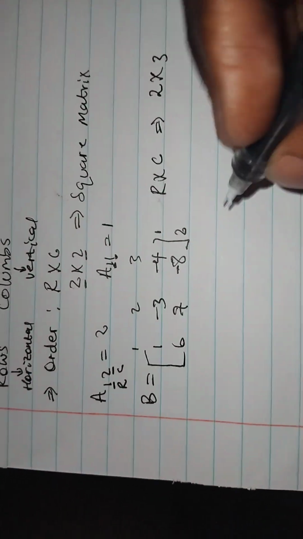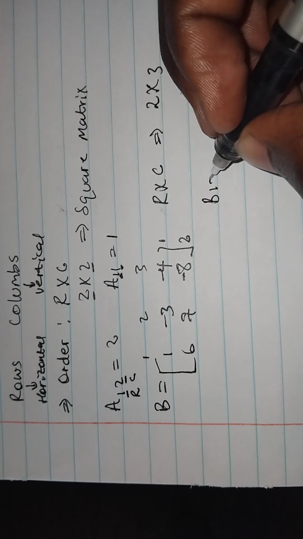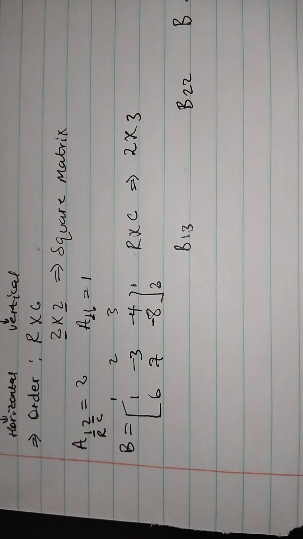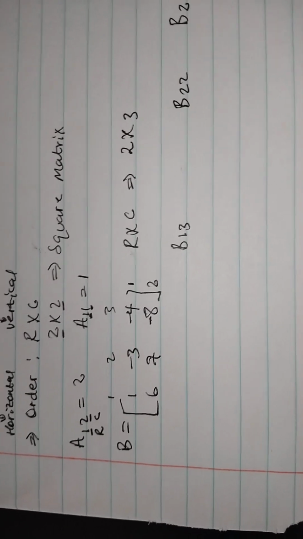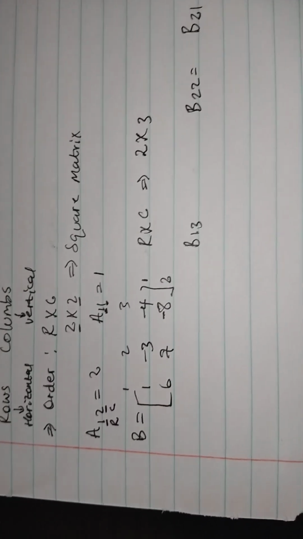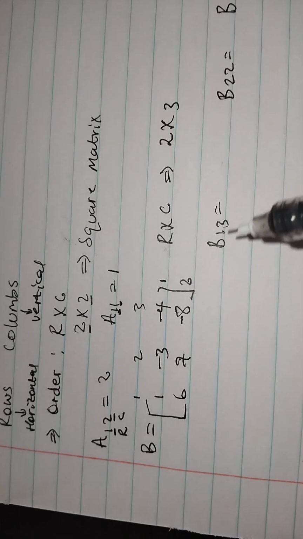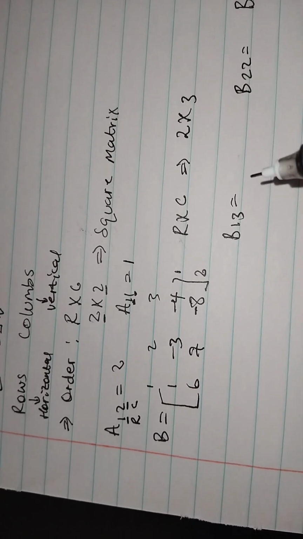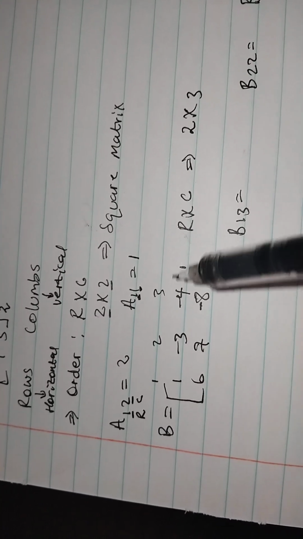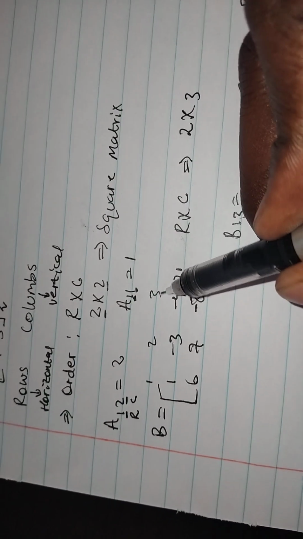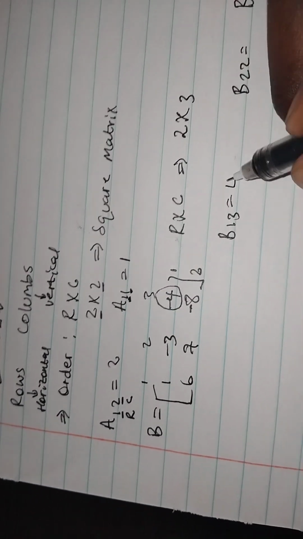Let's identify the entries B13, B22, and B21. For B13, we go to row 1, column 3. Row 1 is this one, column 3 is that one. The intersection we see is -4. So B13 is equal to -4.